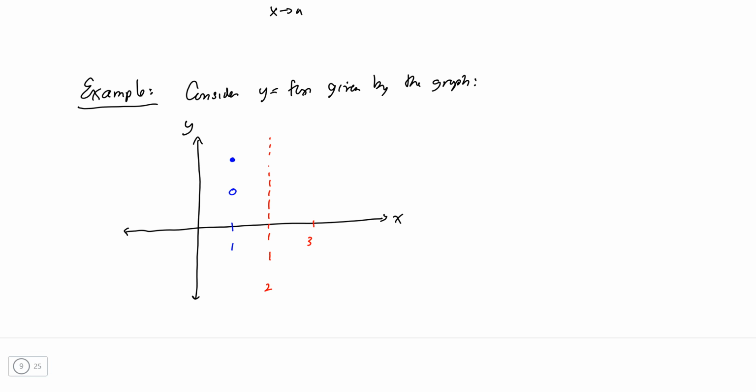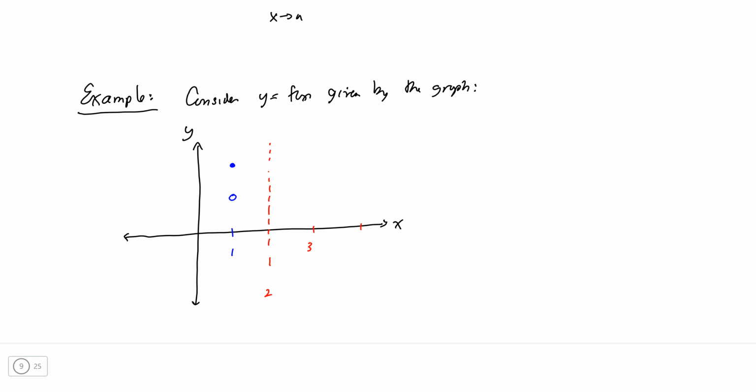Put 3 here and 4 here. And so let's say our graph goes up like this, gets to there. It's going to go up like this. So 2 is a vertical asymptote for us. So I'm going to come down, open dot here. A little bit below that, we'll put a closed dot over here like this.